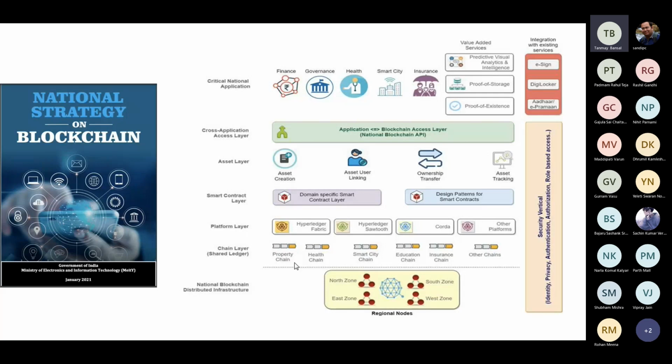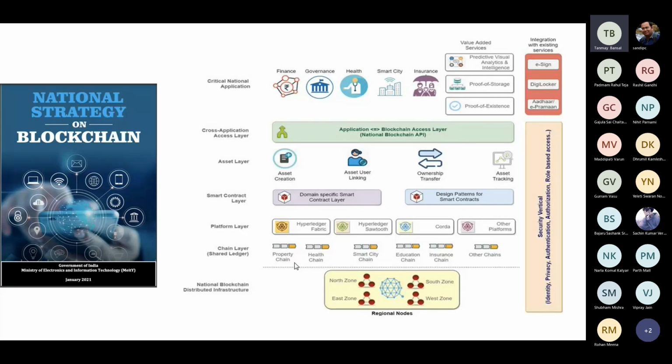And on top of all these, there could be some analytics done, and maybe using some machine learning techniques, one can come up with some sort of predictions. There is a need for integration with existing services, as I said, this Aadhaar and DigiLocker and so on.